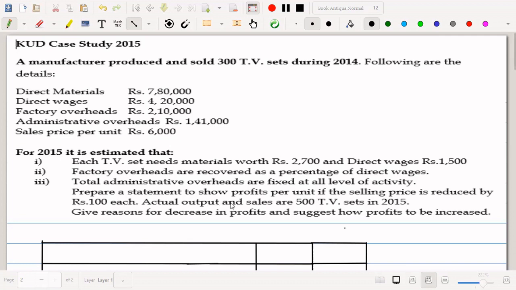Prepare a statement to show profits per unit if the selling price is reduced by rupees 100 each. Actual output and sales are 500 TV sets in 2015. Give reasons for decrease in profits and suggest how profits can be increased. So this is the case study.